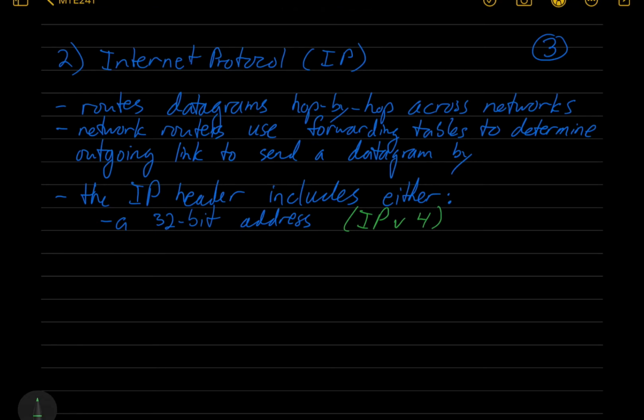And an example of that would be something like this: 72.14.192.0. I think that's one of the many IP addresses that Google uses.